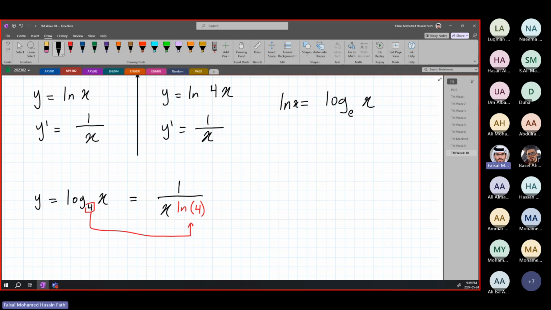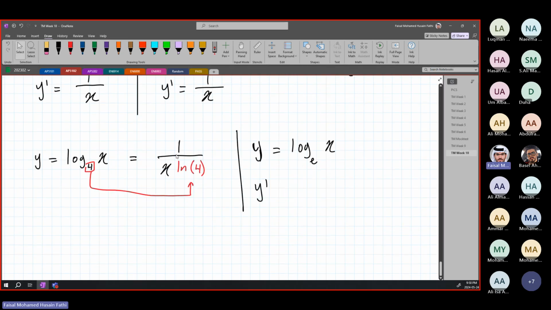Because remember, y equals ln x is equal to log base e of x, and we already established that it is 1 over x. How did we get 1 over x? Just to make clear, this is y prime, not equal to y of x.